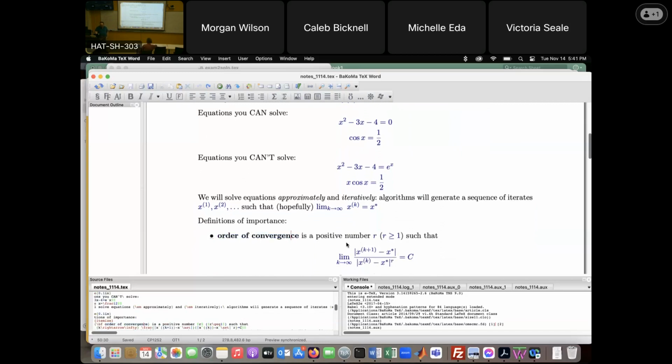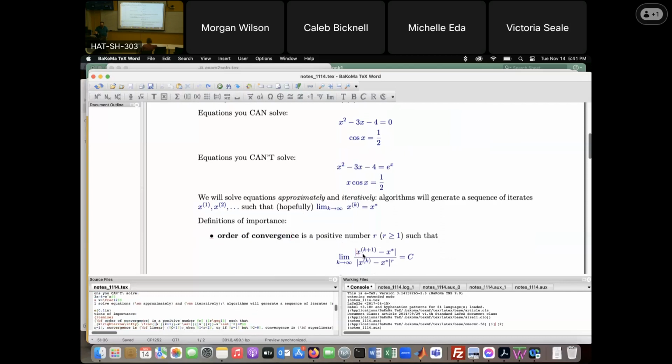So, if we have a situation where there's a common ratio of your latest iterate, x_{k+1} minus x star, so the error in the k plus first iterate, and some power of the previous iterate minus x star.